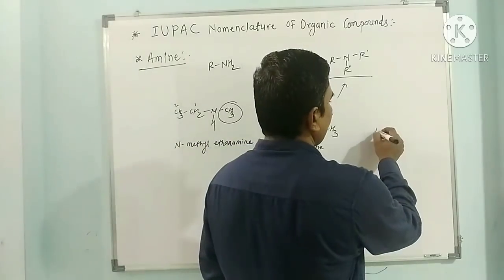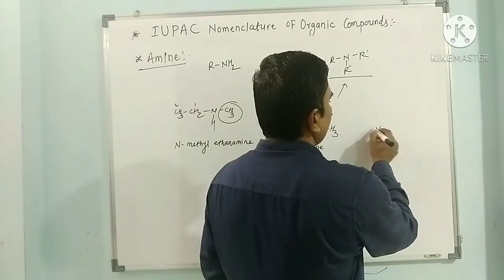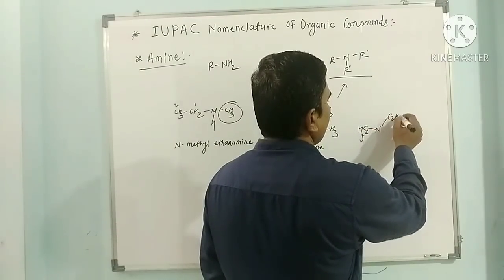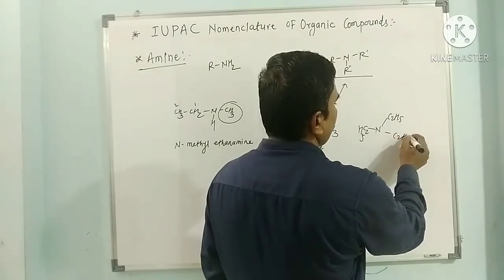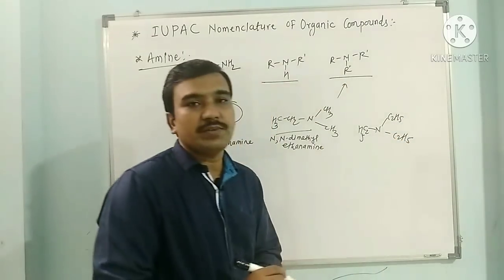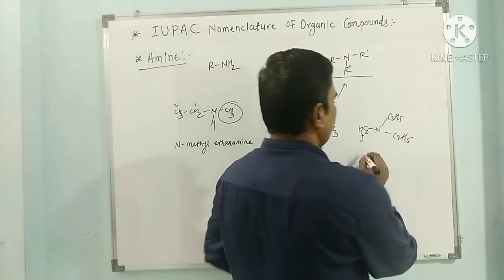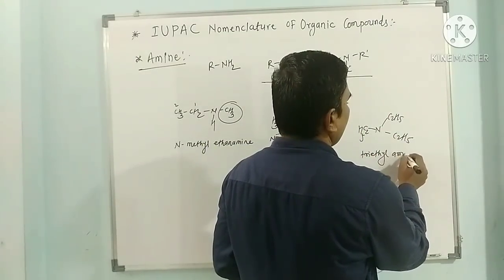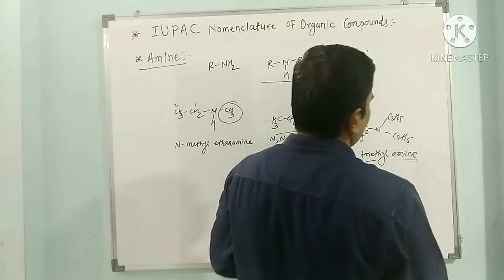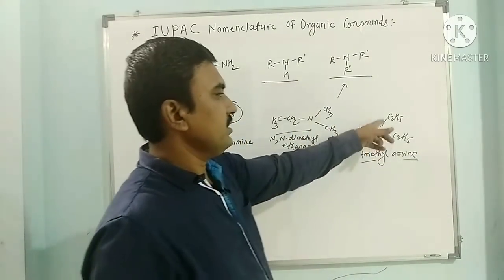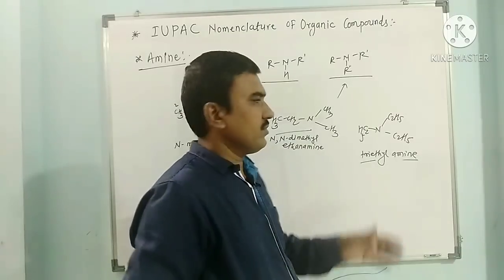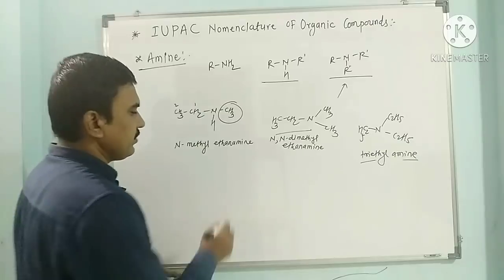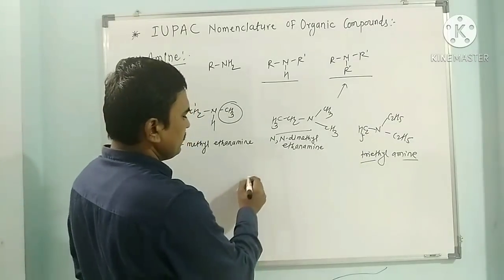If N has three C2H5 groups, this is triethylamine, or N,N-diethylethanamine. Triethylamine, trimethylamine, these names are also accepted.